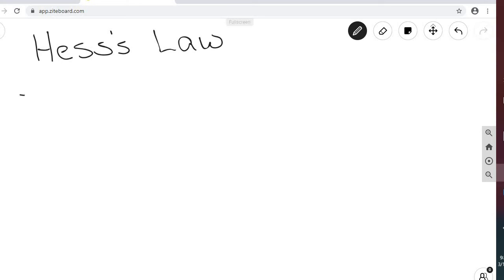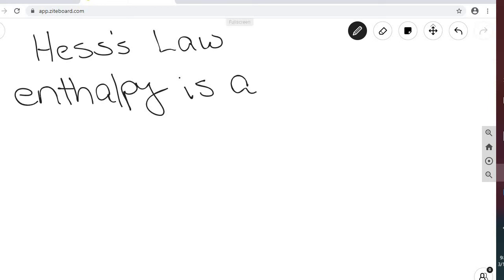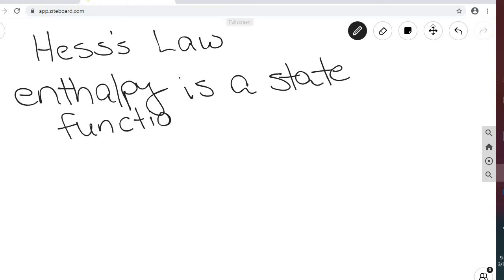To do that, we have to think about something called a state function. Enthalpy is a state function. What it means to be a state function is that in a chemical reaction, it doesn't matter what path the chemical reaction takes, the energy involved will be the same.